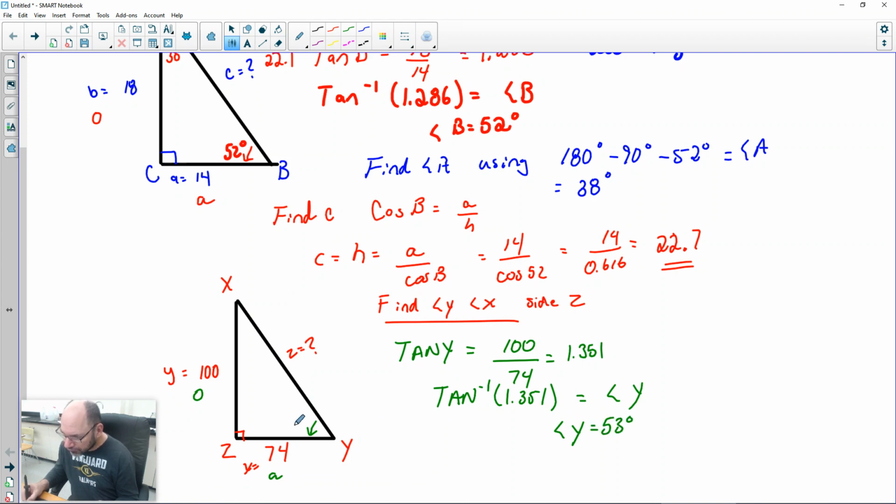That's about the same as the last one, almost. And then we just find angle X: 180 minus 90 minus 53. So 90 minus 53 is 37 this time.